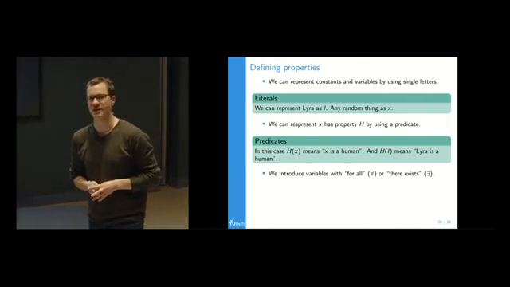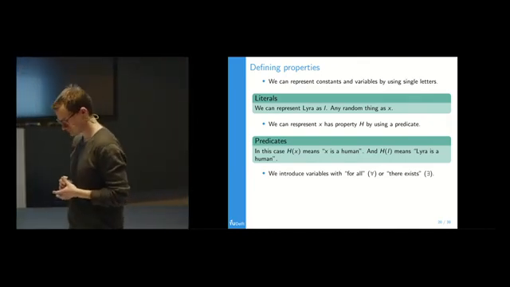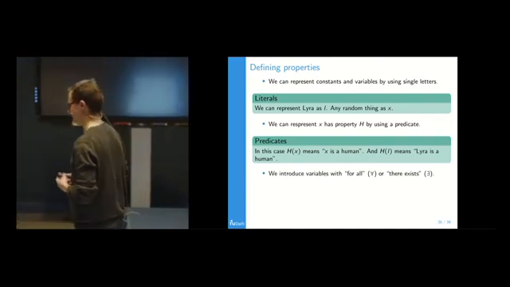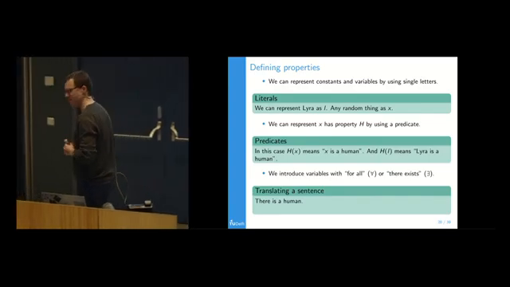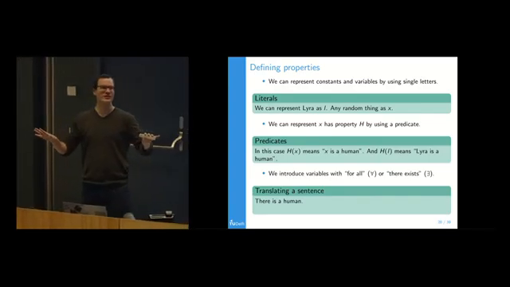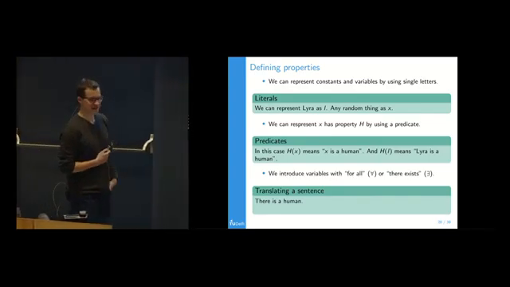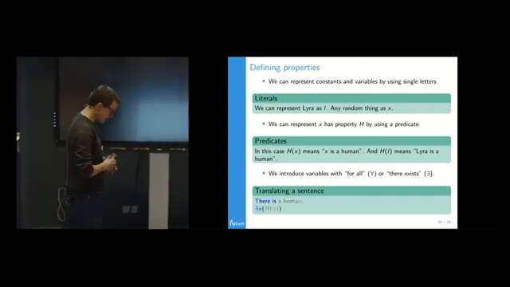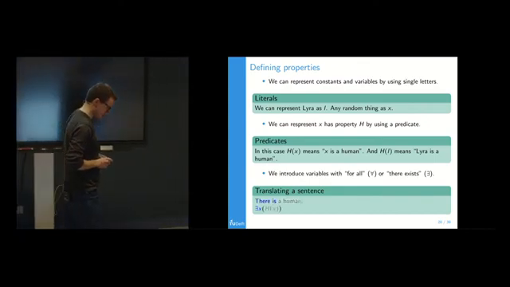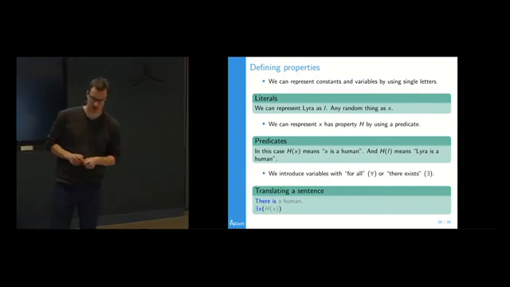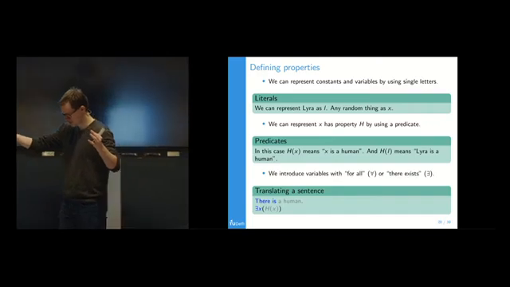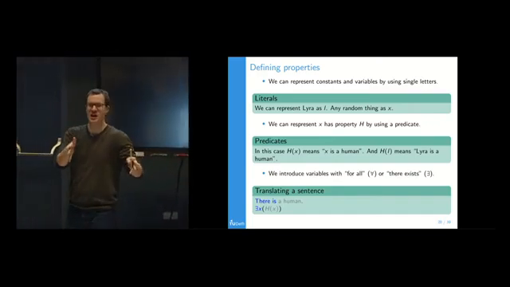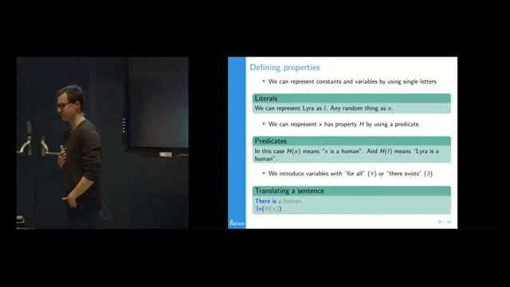It's a backwards E. Example. There is a human, something we can hopefully all agree on. We could write as there exists an X such that H of X. There exists a human, an object X, and this thing has the property H, the property of being human.